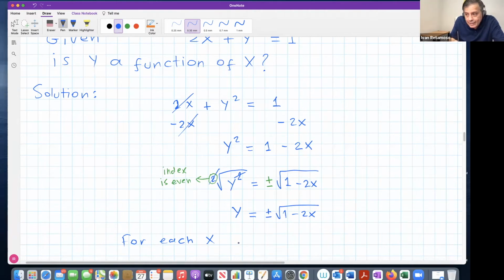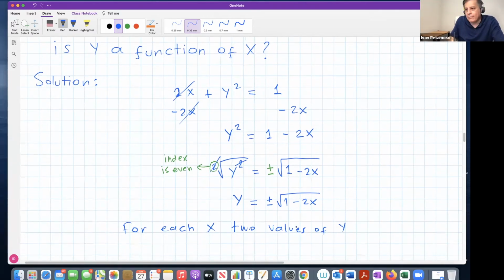For each x, we're going to have two values of y. Two values of y, Professor? Yeah, one positive, one negative. So this cannot be a function.